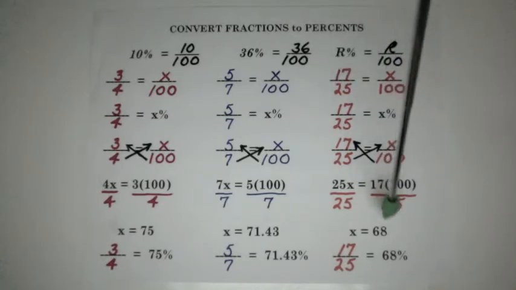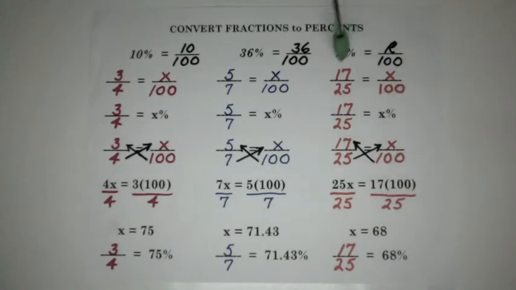And that will equal 68. And 17 over 25 equals 68%. If you didn't see that you could multiply 25 by 4 to get 100, and therefore you'd have to multiply the numerator by 4 as well, then you would utilize cross multiplication.